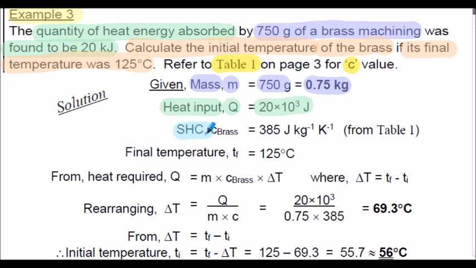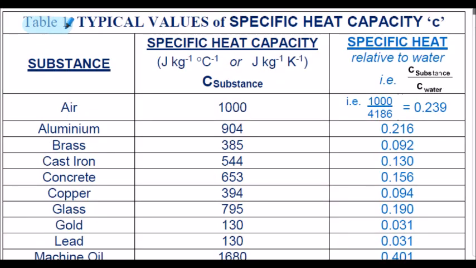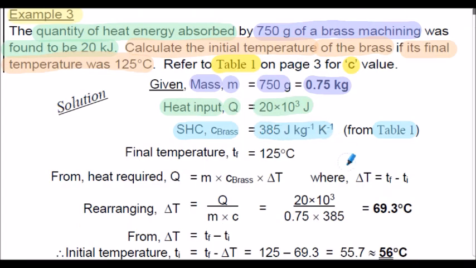And the specific heat capacity of brass is extracted from table 1. So table 1, substance is brass. We can see the specific heat capacity is 385 joules per kilogram per K, and that's written here. We're informed the final temperature of the brass machining, TF, is 125 degrees C. So this solution will involve some transposition.